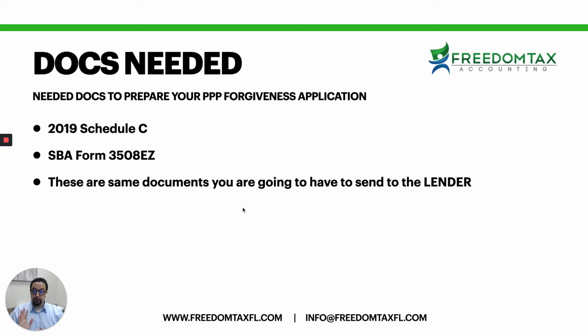So if you're self-employed, you're going to fill out the application form for forgiveness, and you're going to send them a copy of your 2019 Schedule C. We even have a client whom the bank made send in their complete 2019 personal tax return. So it all depends on the bank. The bank may have different document requirements.